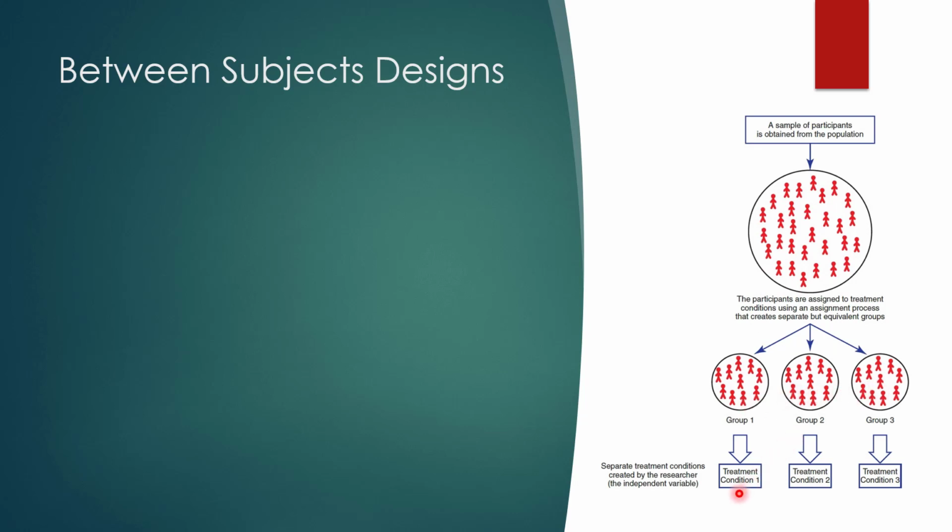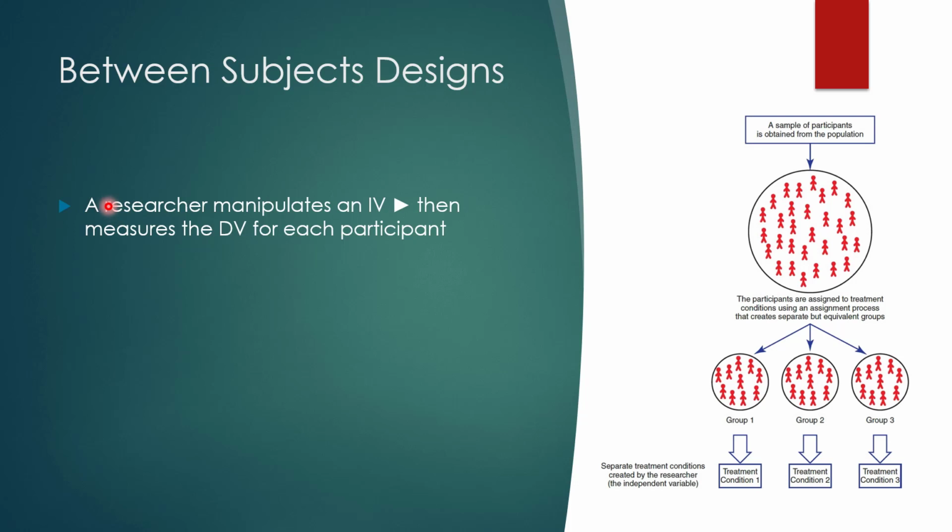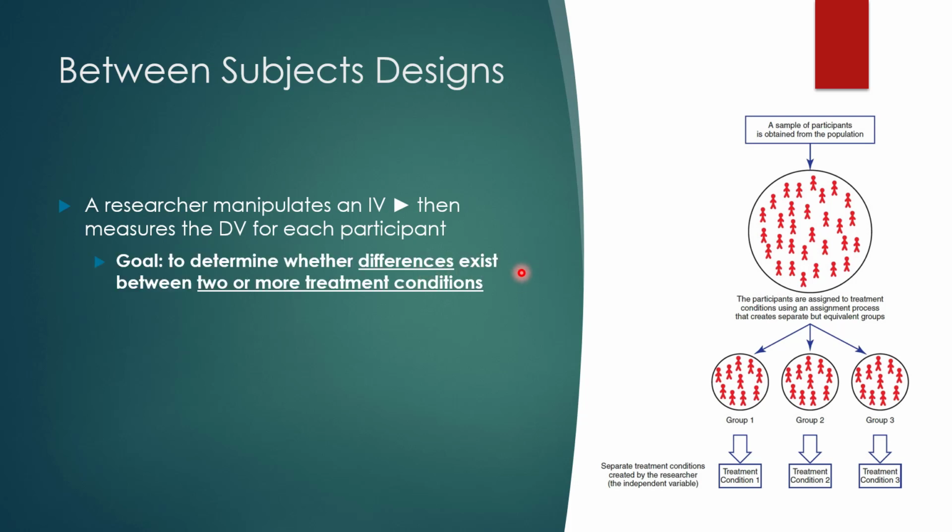We have treatment condition 1, treatment condition 2, and treatment condition 3. Separate treatment conditions. So the researcher is going to manipulate the independent variable and then measure the dependent variable for each participant. And the goal is to determine whether differences exist between 2 or more of these treatment conditions.